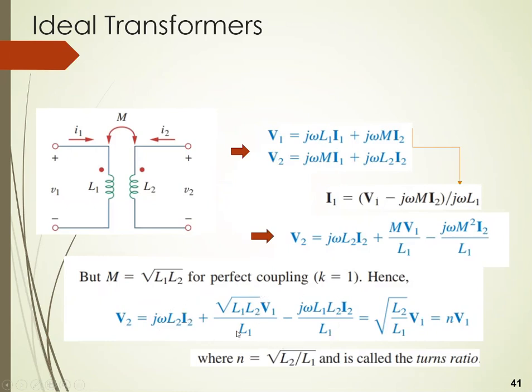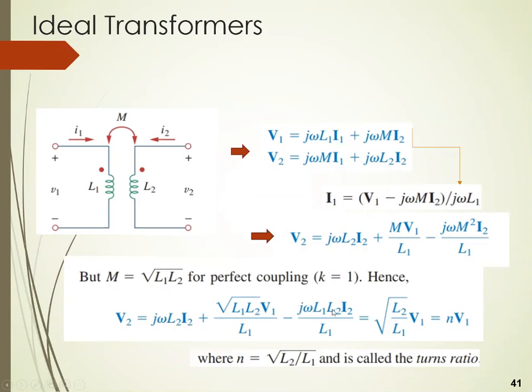Now if you notice here, if you carry out this addition of fractions of L1, or in other words, if you multiply both sides of the equation by L1, then on this side you're going to get j omega L1 L2 I2, which will cancel with this term right here.